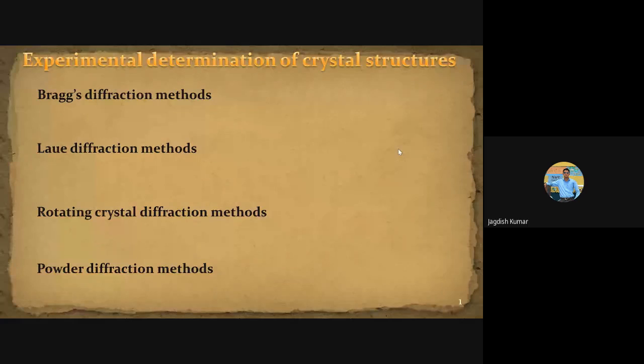So in these methods, what we do is we employ a powdered sample for measuring the diffraction pattern from a crystal. What do we mean by a powdered sample? It is a crystal which is not a single crystal, and we have very small crystals in the form of a powder, and that powdered form of the crystals is used to measure the diffraction pattern.